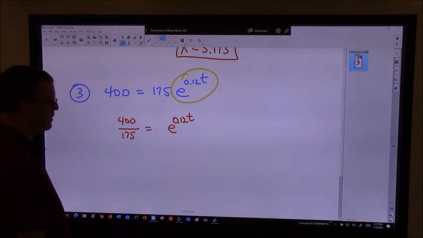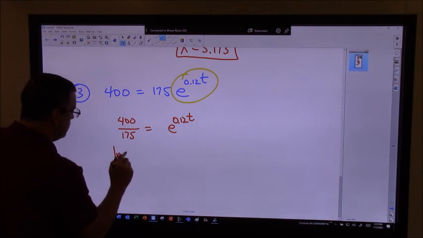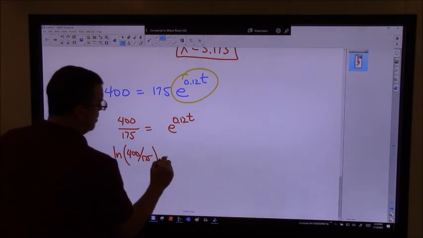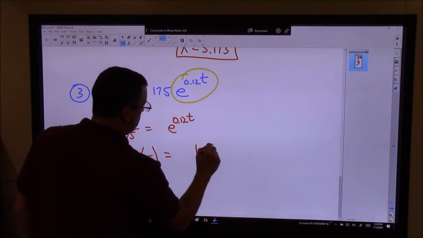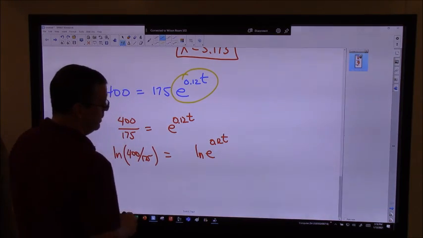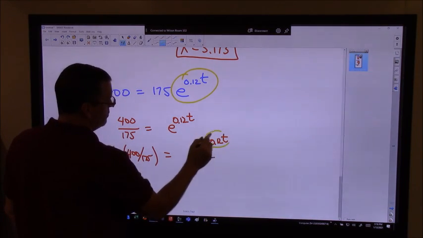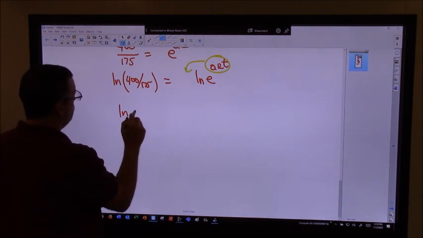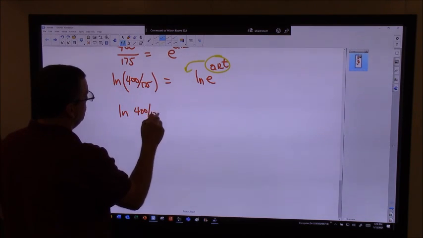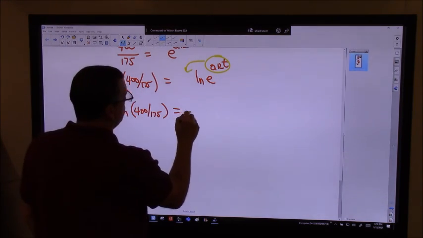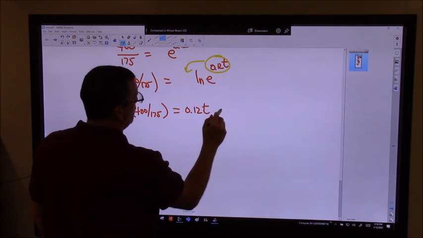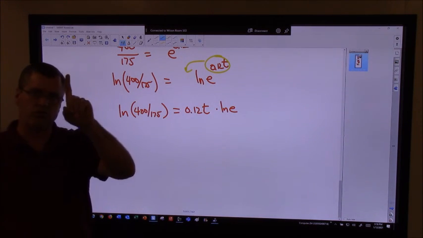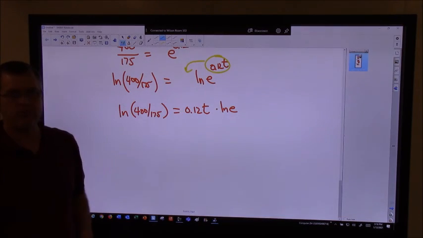That's the easiest. So now I need to take the natural log of both sides. So natural log of 400 divided by 175 equals natural log of e raised to the 0.12t. And I want to bring this down in front. So now what I have is natural log of 400 divided by 175 equals 0.12t times natural log of e, which remember, natural log of e is just 1, and 1 times anything is the same thing.